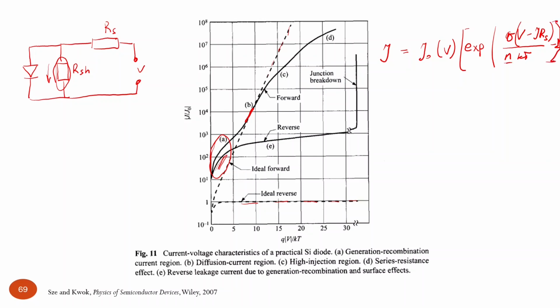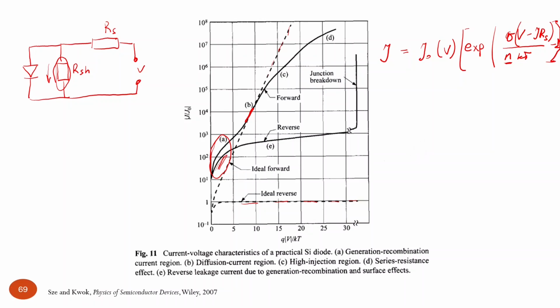This ideality coefficient tells us how much the current voltage characteristic deviates from the ideal one, when we have only diffusion current which flows over this potential barrier.